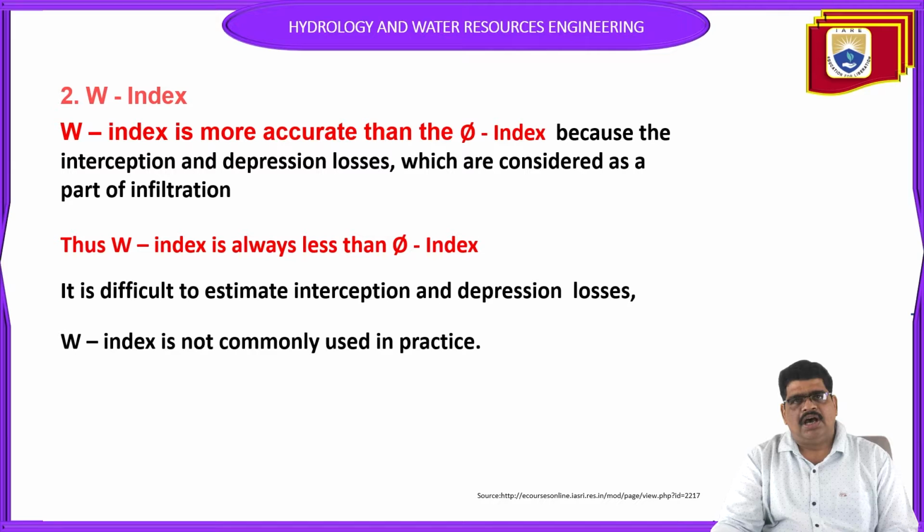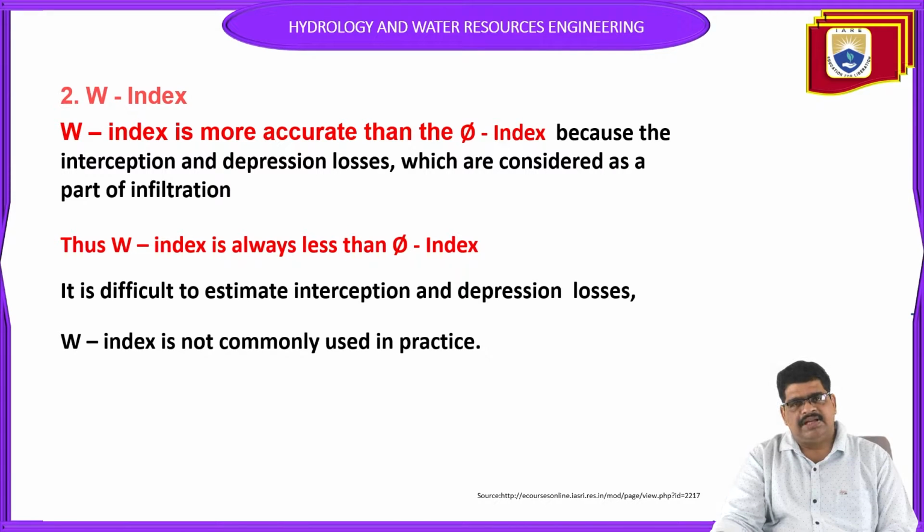So the W index is always less than the Phi Index, since interception losses and depression losses are also considered here. Sometimes the interception losses are very difficult to calculate, so that's why the W index is not commonly used in practice.